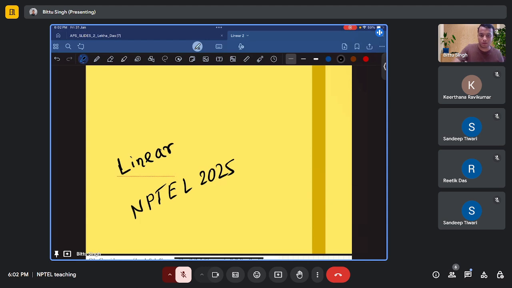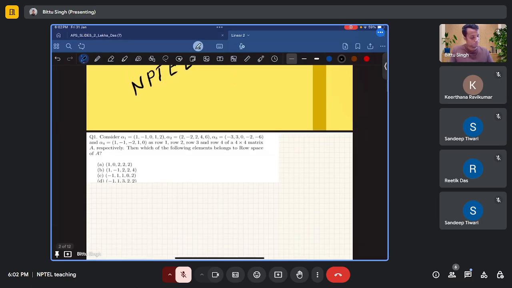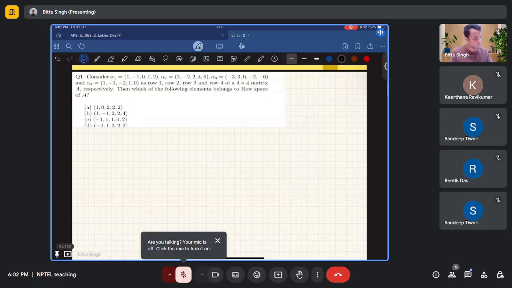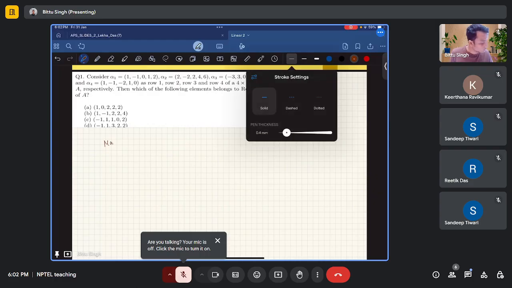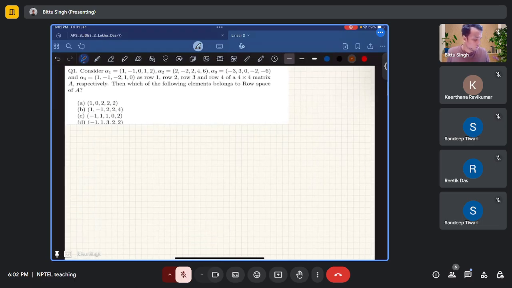Okay, so hello everyone. Let's start the second tutorial. This tutorial will consist of these topics: basis, matrix representation, coordinates, and computations.